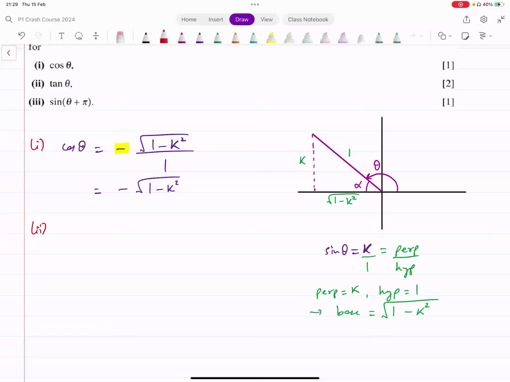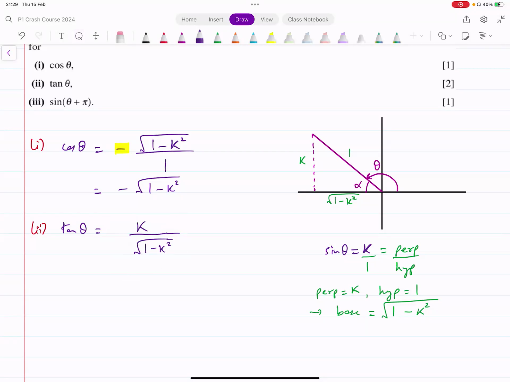Similarly, we can find tan of theta. What would that be? Perpendicular, which is k, divided by the base, which is the square root of 1 minus k squared. So k over square root of 1 minus k squared. And again, we have to think about which quadrant we are in.